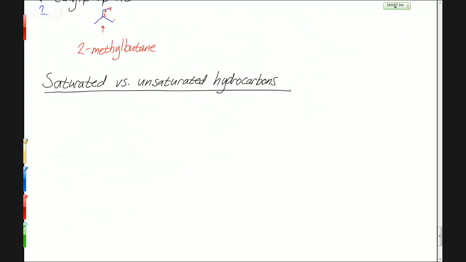A saturated hydrocarbon is one where the carbon has the most possible hydrogens attached to it. So if we take something like butane, 4 carbons, I'm going to draw the whole thing out as we did before.